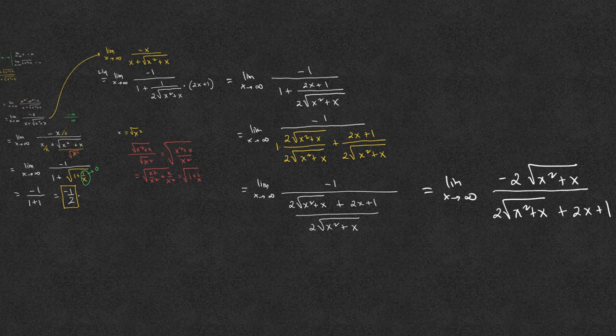As you can see, this is quite messy because this is still in the indeterminate form, infinity over infinity. We might as well use the pre-calculus technique.